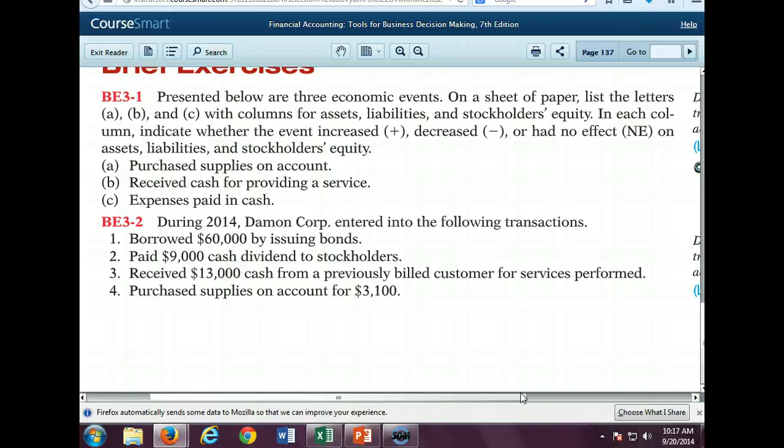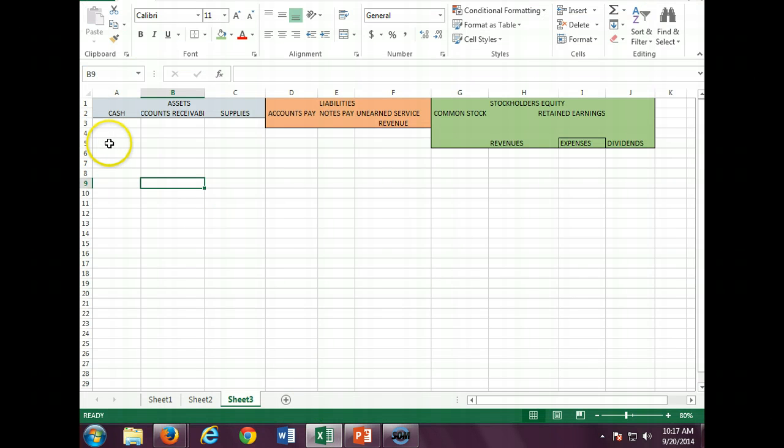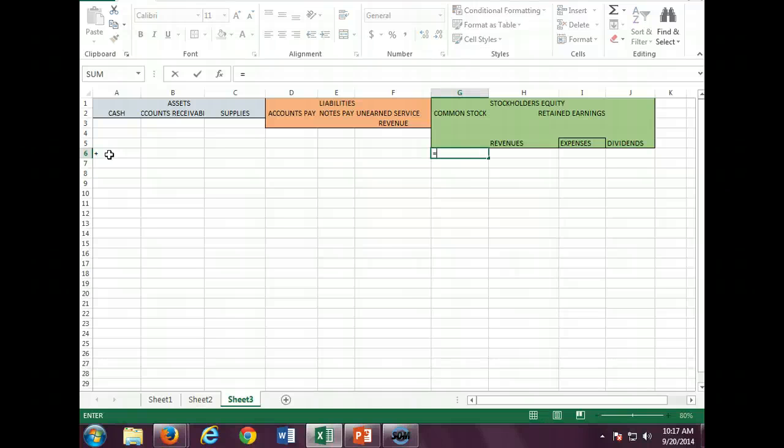They increase. We need to pay that money back. So when we borrow 60,000 by issuing bonds, our cash goes up, and our bonds payable goes up.